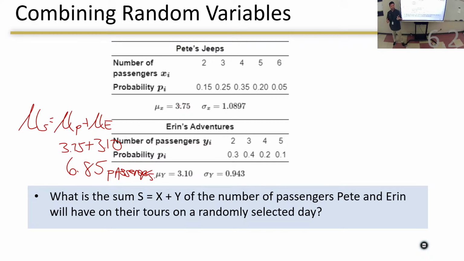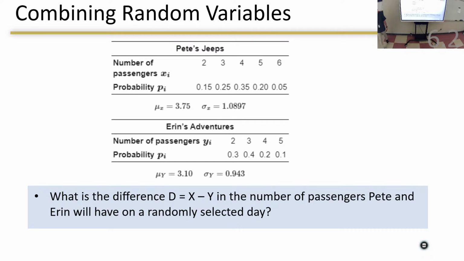It still tells you the same thing, that Pete has more than Erin, or that Erin has less than Pete. So if somebody flip-flops that and subtracts the wrong way, it still tells you the same information. That's why they typically ask you to interpret it. Everybody okay with that? Pretty easy? Not bad?